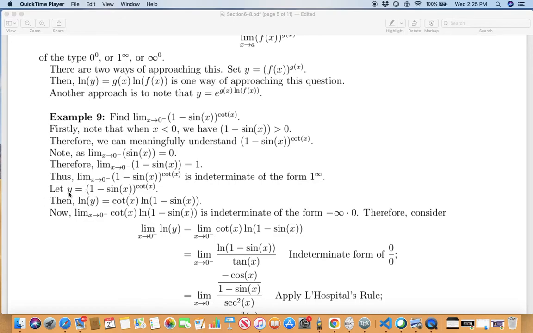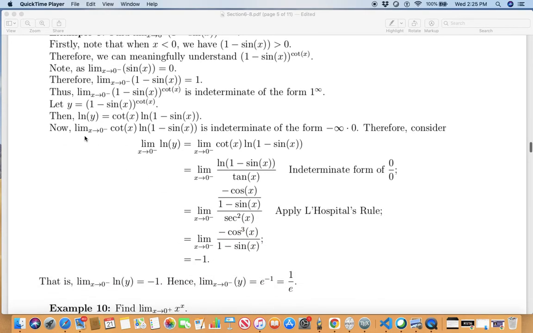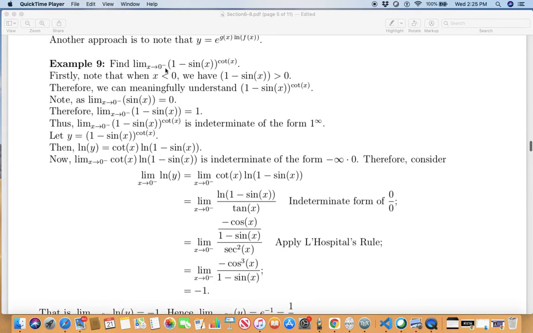When I take the power, it is indeterminate of the form 1 to the power infinity. So set y equals (1 minus sine x) power cotan x. Take natural log of y. So that comes down: natural log of 1 minus sine x. Now, when you take x approaches 0 from the left, that's the limit, right?